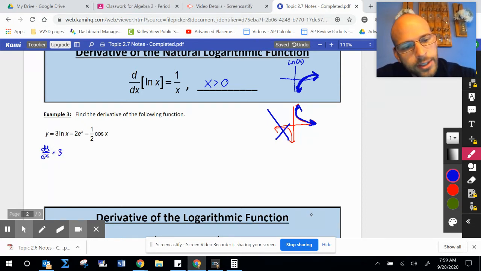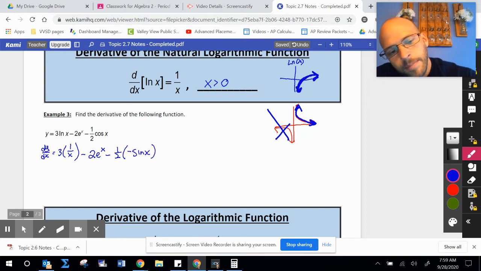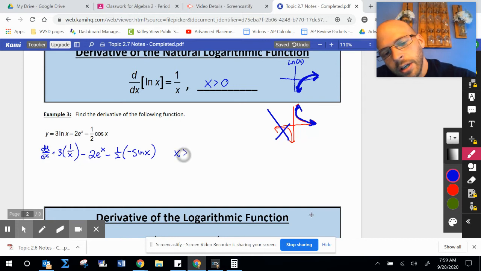The 3 is a constant multiplier. The derivative of ln is 1 over x minus the derivative of 2e to the x we just did, which is still going to be 2e to the x, because remember, e to the x stays the same, minus 1/2 times the derivative of cosine, which is now going to be a negative sine of x.